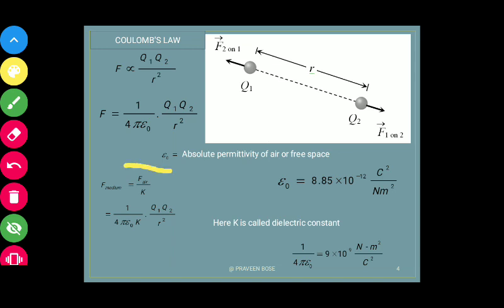So the force of attraction or repulsion between two objects within a medium is the force in air divided by the dielectric constant, and K has value 1 for air or vacuum.